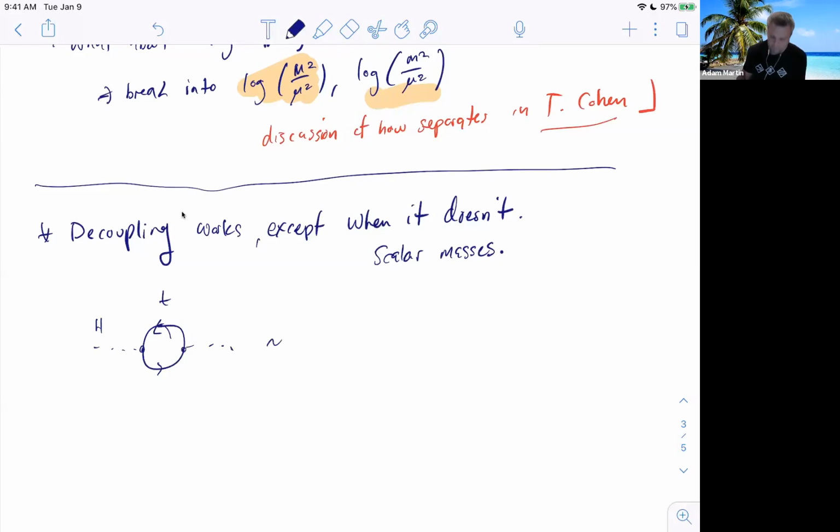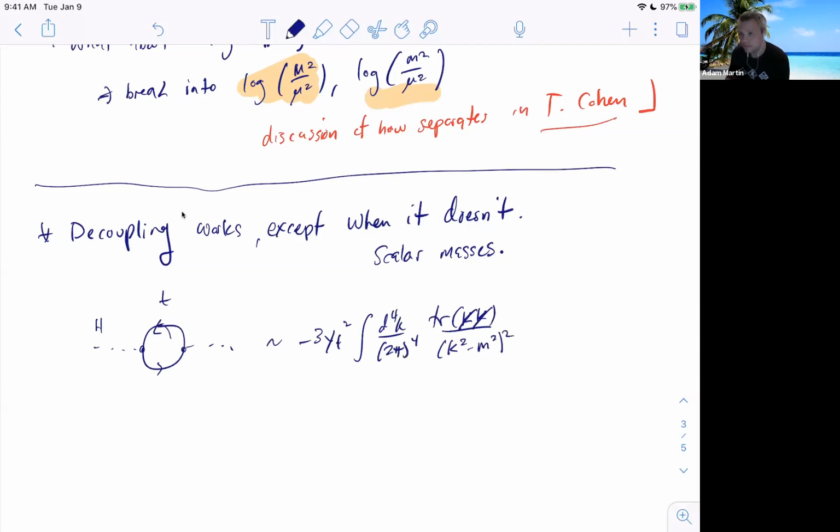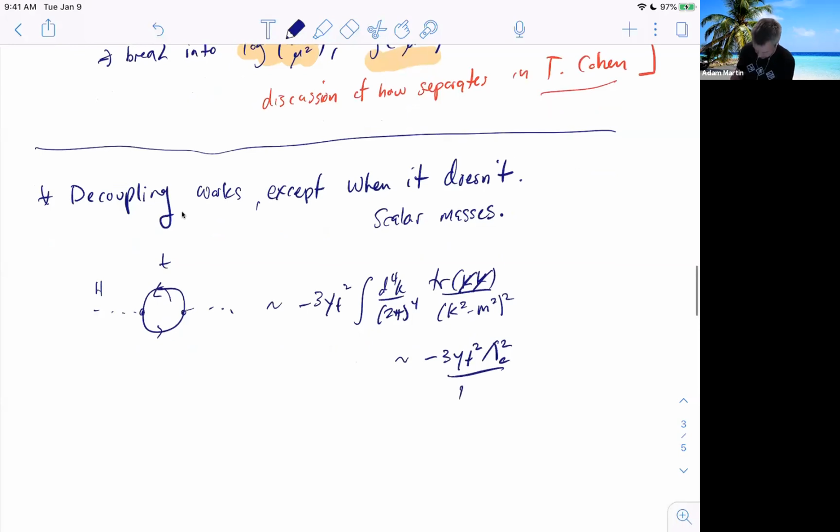You do this loop, you say that's -3 ∫ d^4k/(2π)^4, there's some Dirac stuff. You do this loop with a hard cutoff, and you're going to find that this is -3 y_t^2 Λ^2 over 16π^2, where Λ is our cutoff that I put on there.